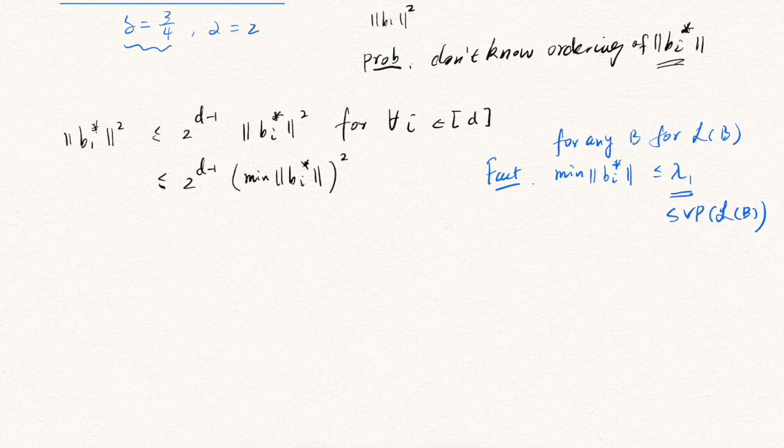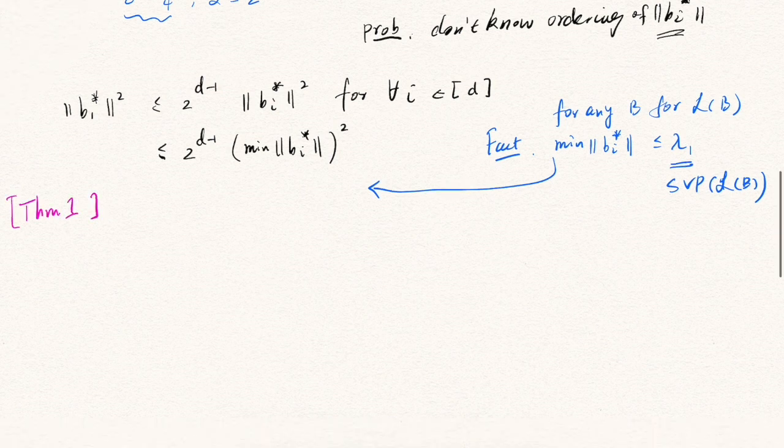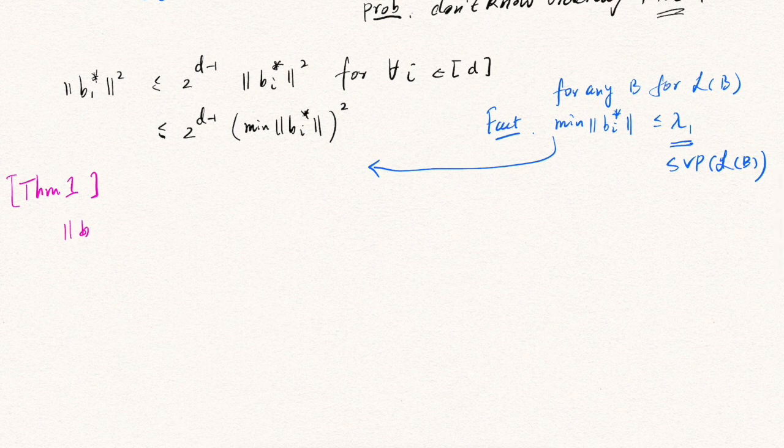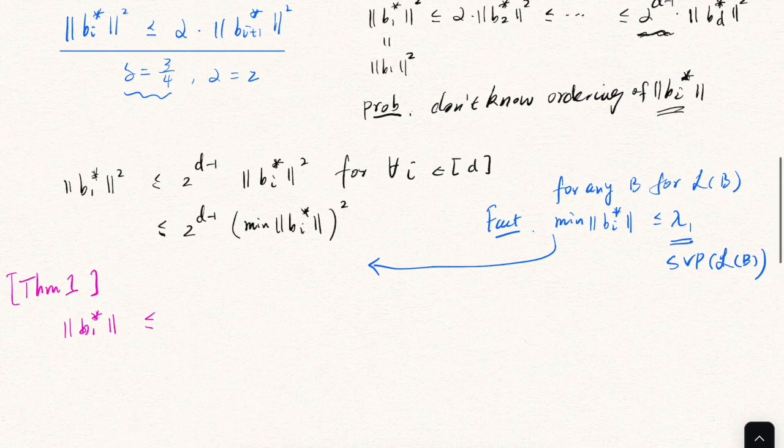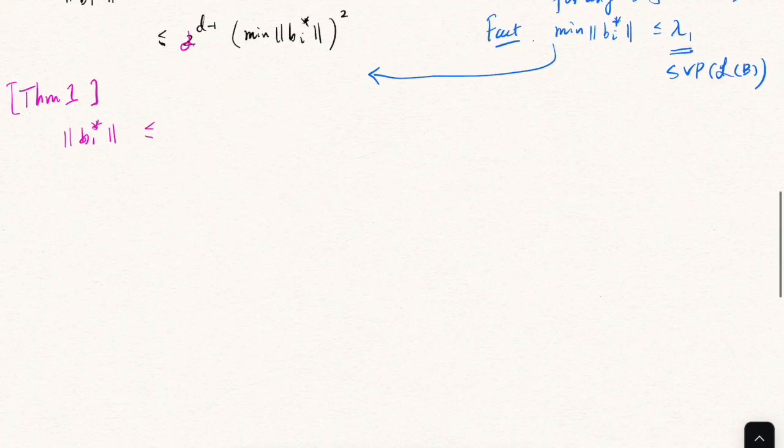With this fact, plugging it in, we can easily see the theorem 1: B1 should be smaller than, sorry, all these 2s should be alpha, my bad.